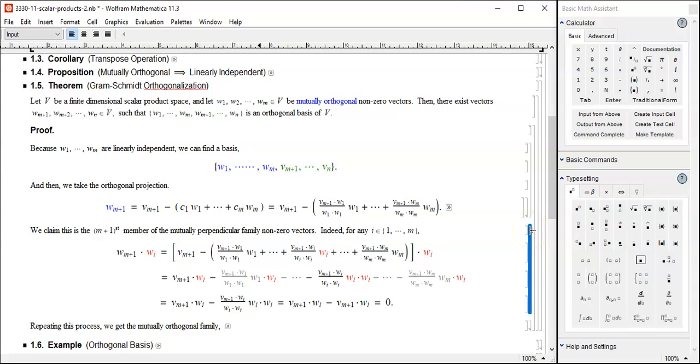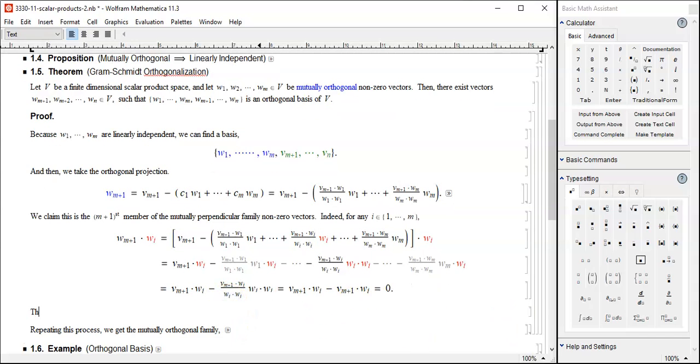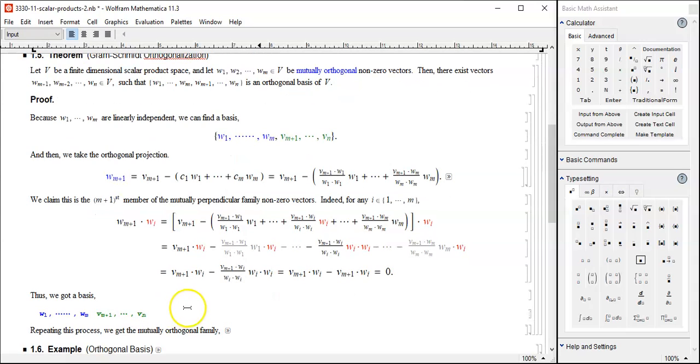So we got a basis from W1 through Wm, and now Wm plus 1. We got a basis.